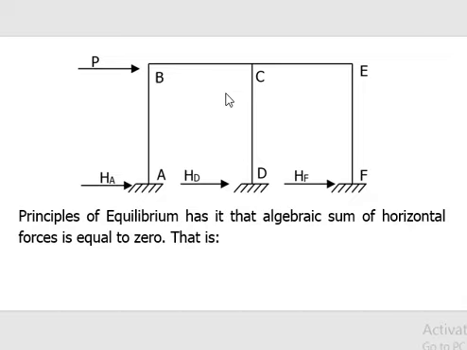So in that case, you need to calculate the shear forces using equation 7 stated above. The principle of equilibrium has it that the algebraic sum of horizontal forces is equal to 0. So in this case, if I add HA plus HD plus HE plus P, I must get 0.